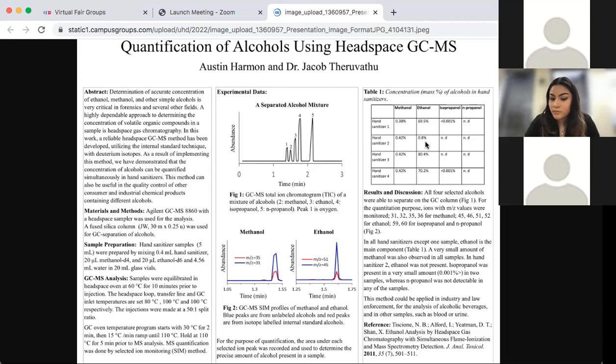And the other one, I'm not aware of any other brand names, but I think they were just common brands like Purell was one.